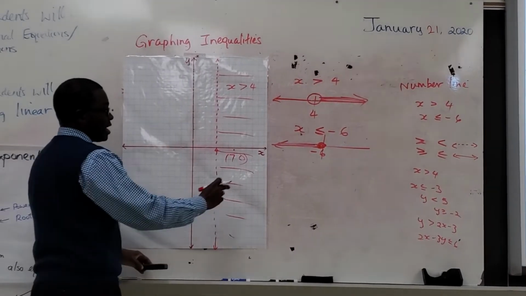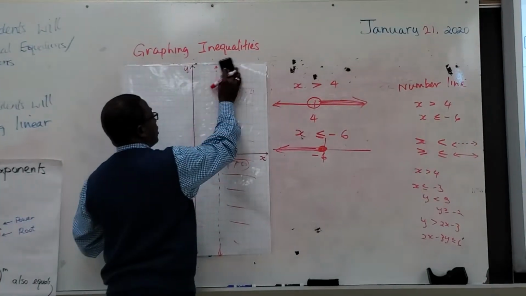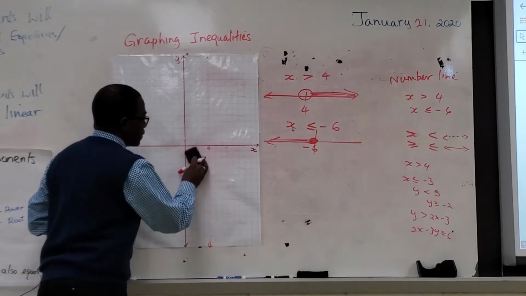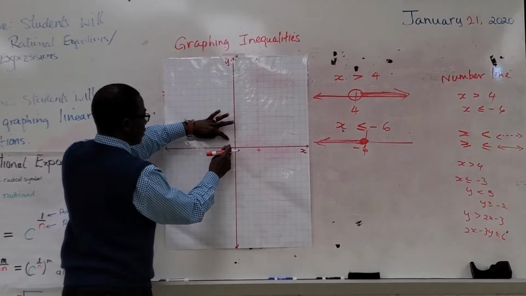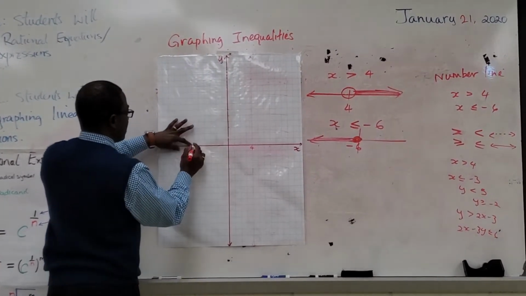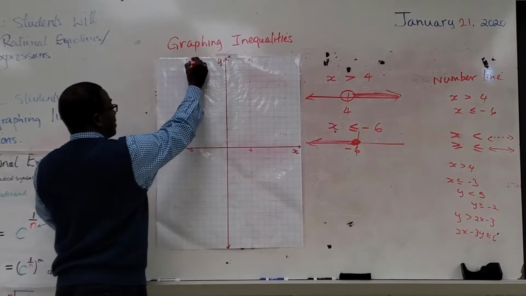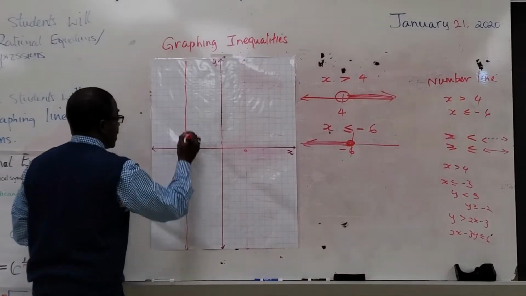What if I wanted to graph on my coordinate plane x is less than or equal to -6? So here I go to -6, so that's 0, 1, 2, 3, 4, 5, 6. So -6 is over here. And because it's less than or equal to -6, this time I'm going to use a solid line through -6.